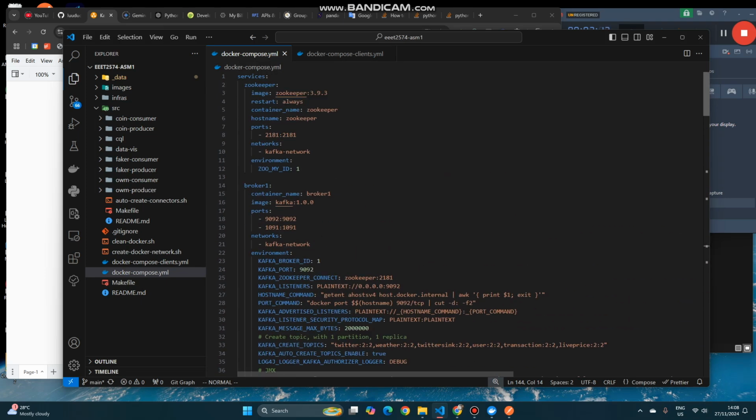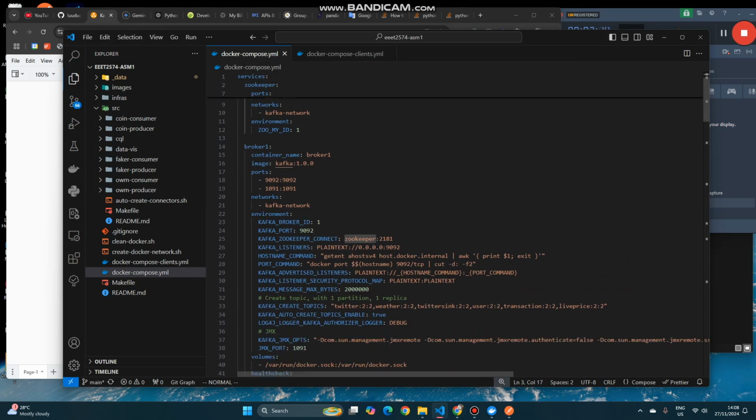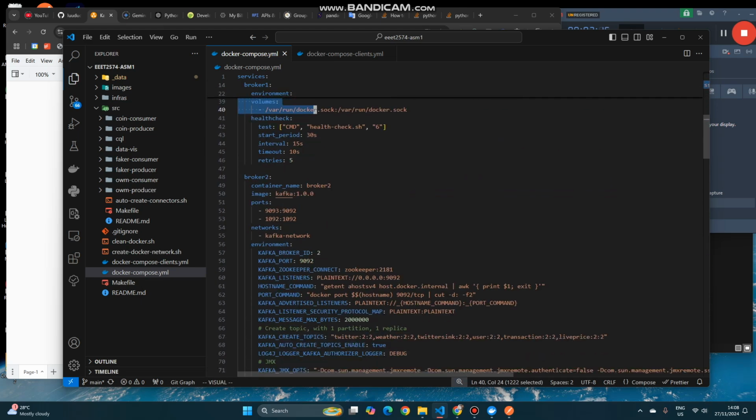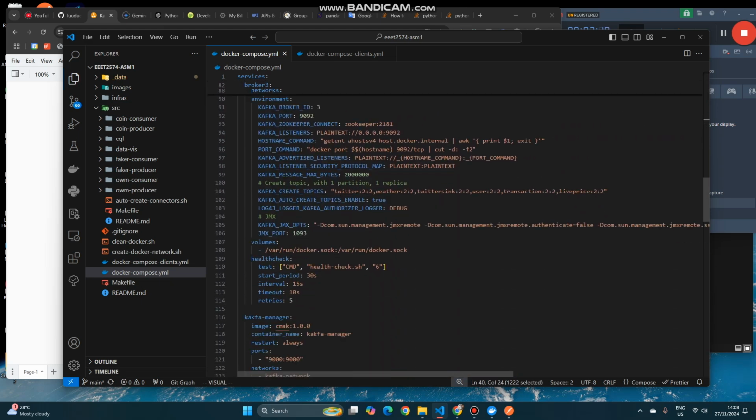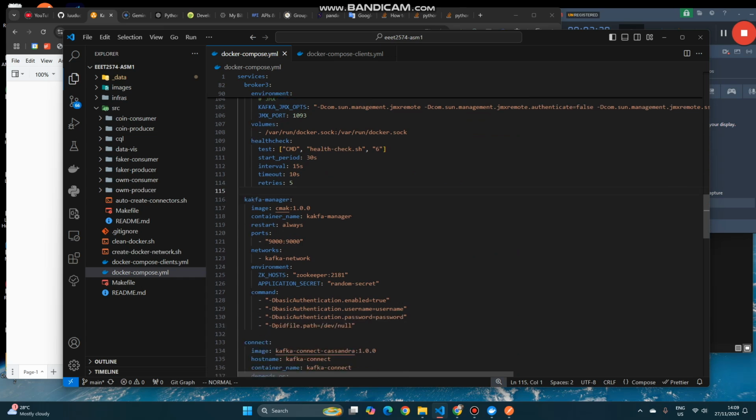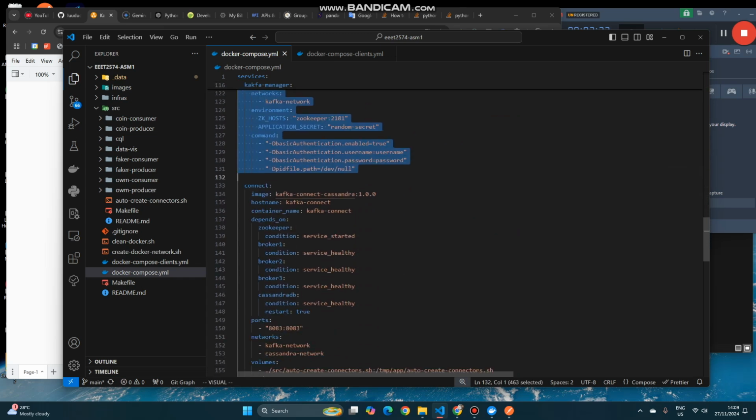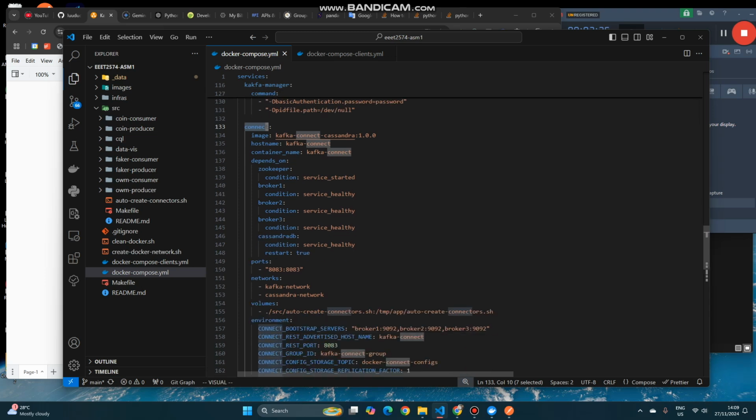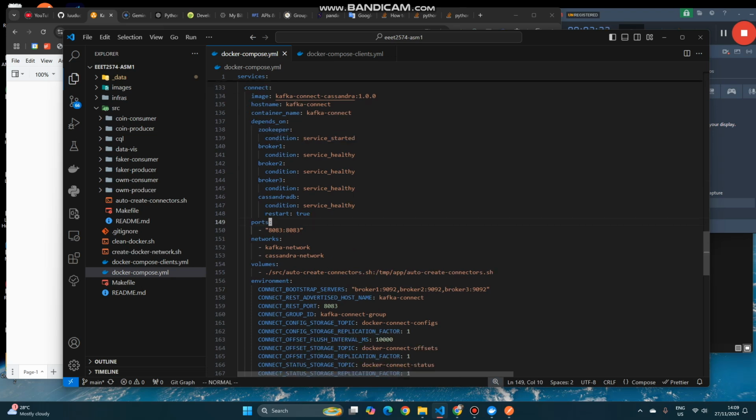In this Docker Compose, we're gonna have the Zookeeper, the three brokers that I mentioned before, and one Kafka manager, and we will see that the Kafka Connect depends on Zookeeper to be started, but it will wait for the brokers and the Cassandra DB to be healthy.